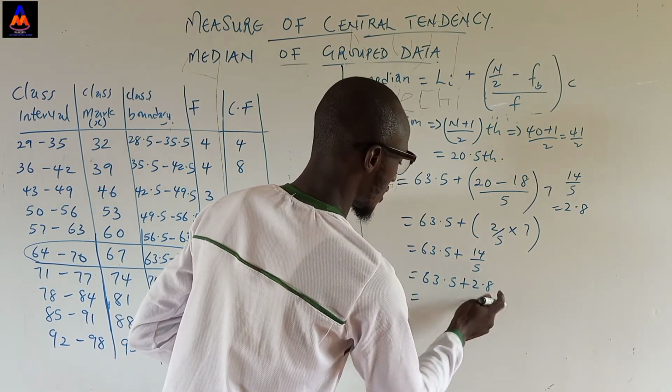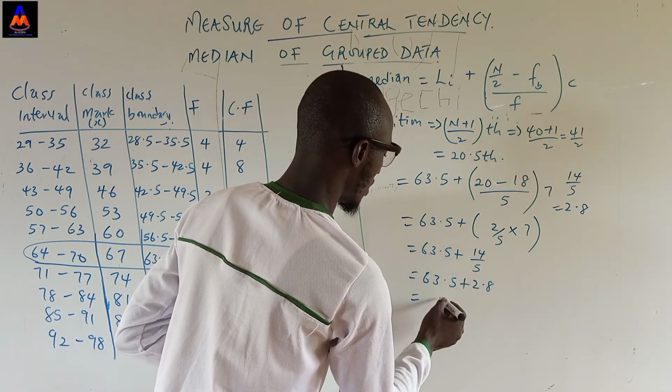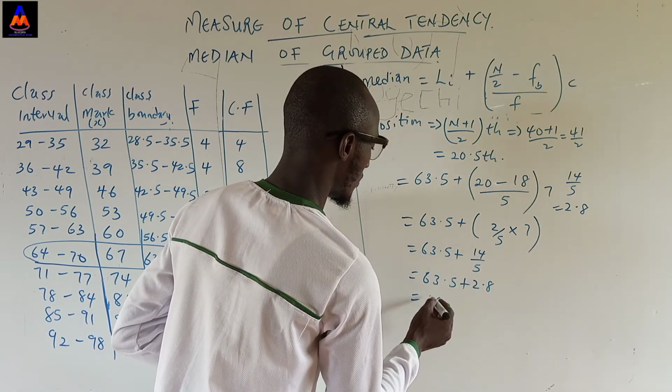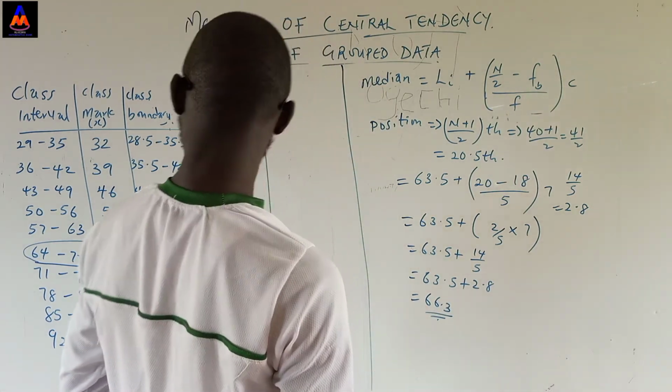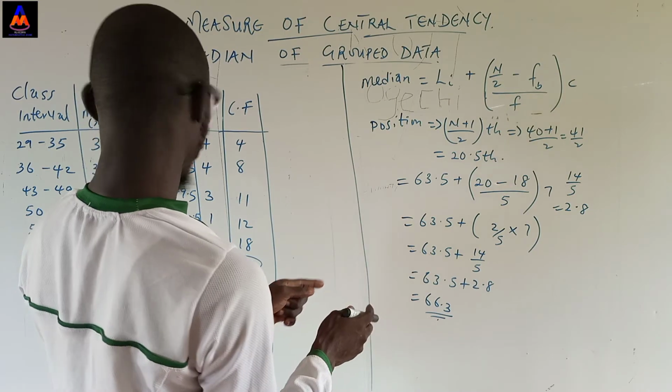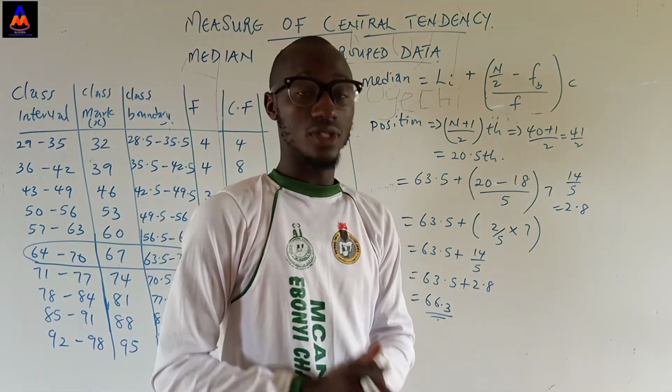And that's going to be 66.3. So that's the median data. The middle data is 66.3. That's the data at the middle in this particular group data.